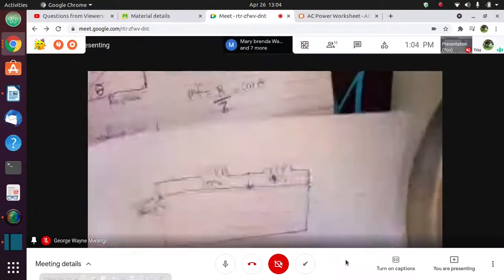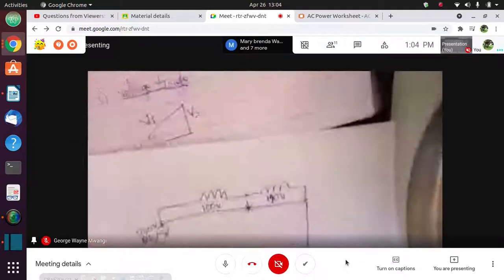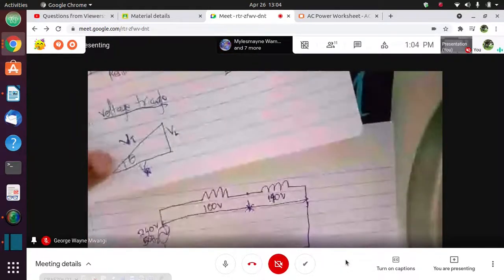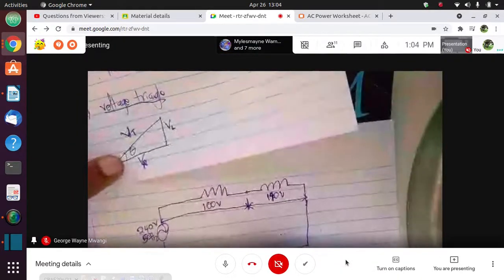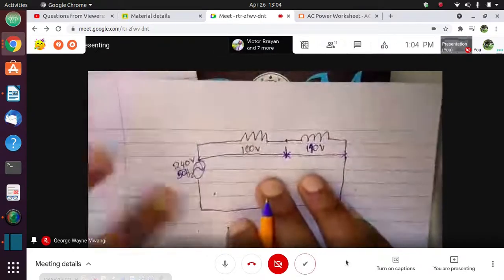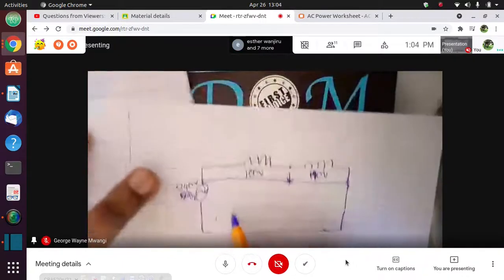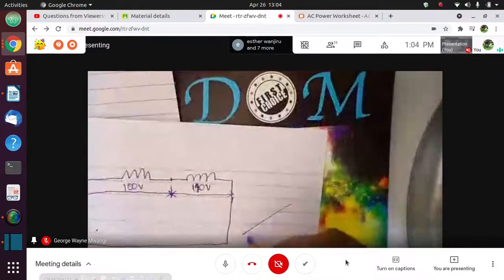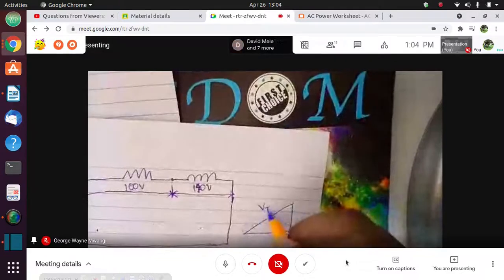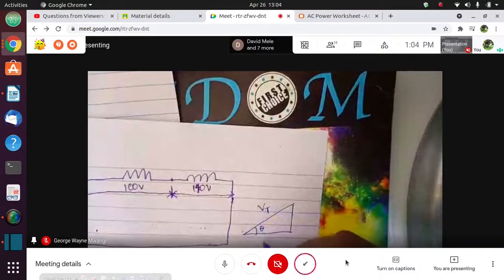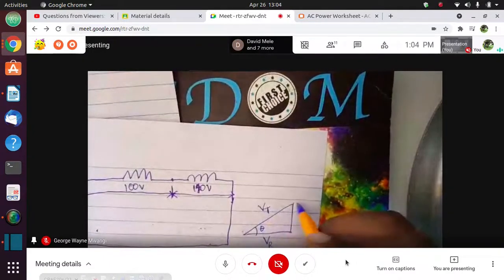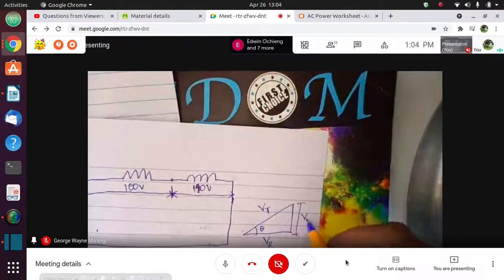Then using the voltage triangle, we can determine the power factor. Let me draw the voltage triangle again. This is the total voltage. This is that angle. This is the voltage across the resistor and the voltage across the inductor.